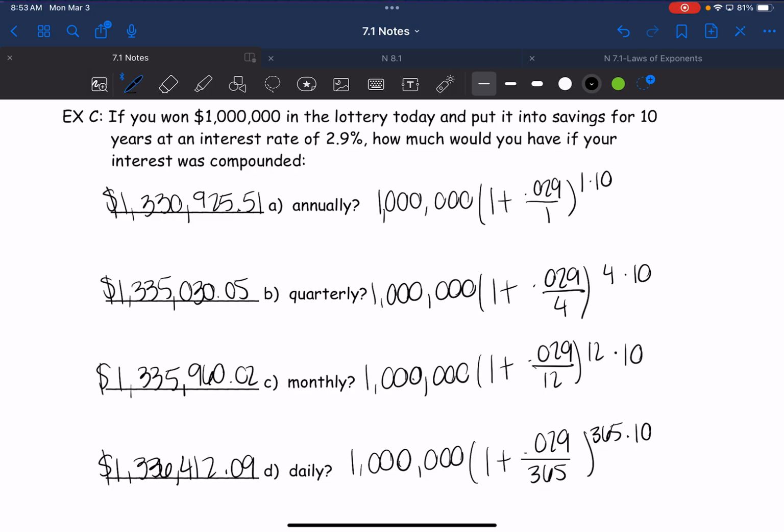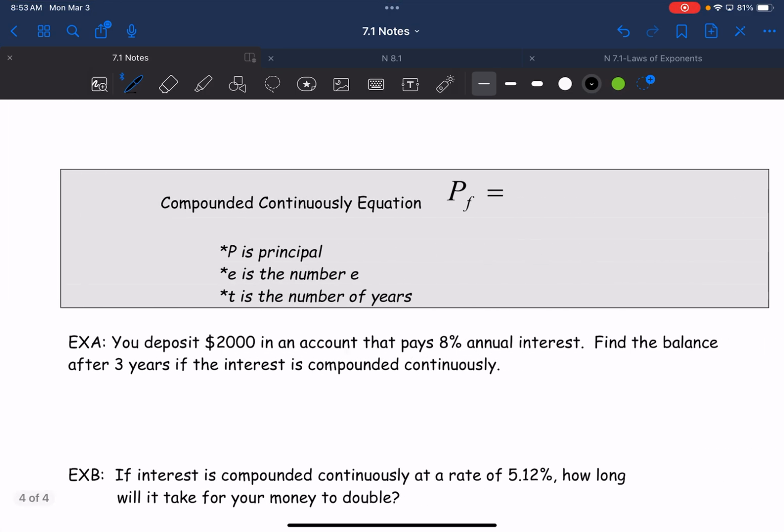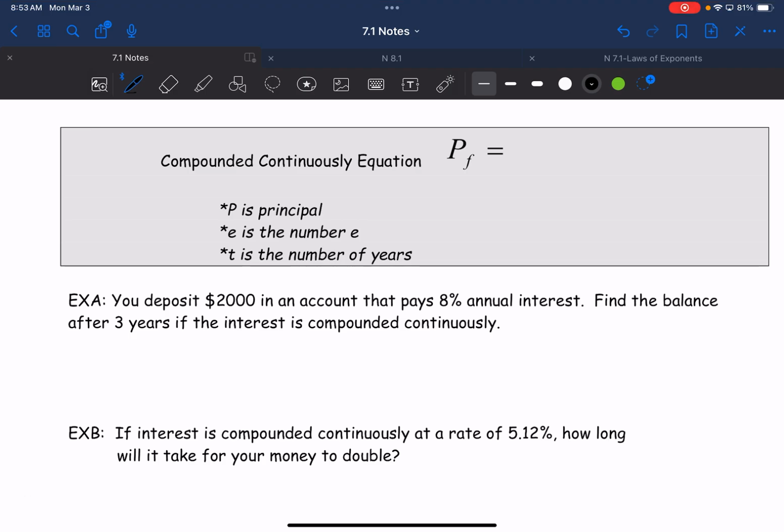Okay. All right, flip it over onto the back page, and we're going to look at one last formula. All right, this last one is for interest that's compounded continuously.